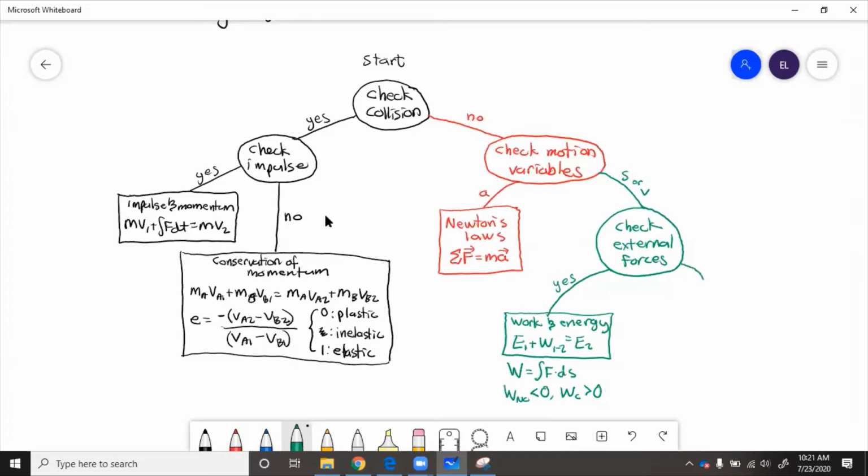Now, if there are not external forces, then conservation of energy is the correct approach. In that situation, energy at 1 equals energy at 2. So you just figure out potential and kinetic, plug those in.